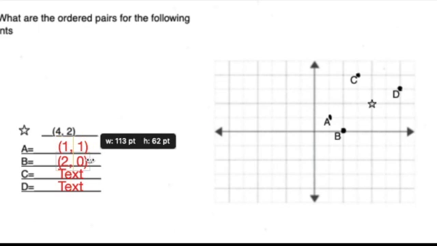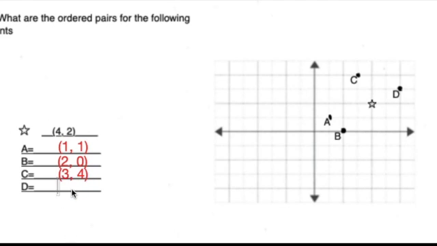And there we go. Now for C, let's count. We have from the origin 0, 1, 2, 3, going up 1, 2, 3, 4. So the ordered pair for C is going to be (3, 4).